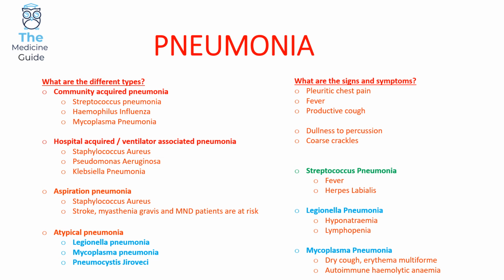Now, you need to know some of the classic features which are attributed to certain organisms that lead to pneumonia. So Streptococcus pneumoniae will present with fever and herpes labialis. Legionella pneumonia is associated with hyponatremia and lymphopenia. And like I mentioned previously, Mycoplasma pneumonia is found in patients presenting with a dry cough, erythema multiforme, and autoimmune hemolytic anemias.